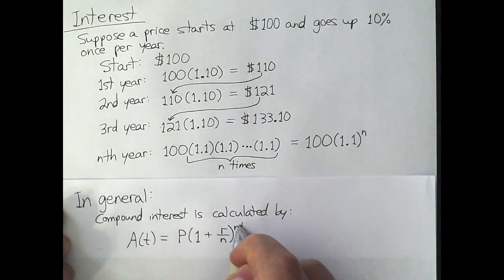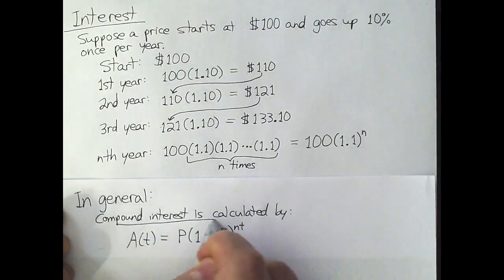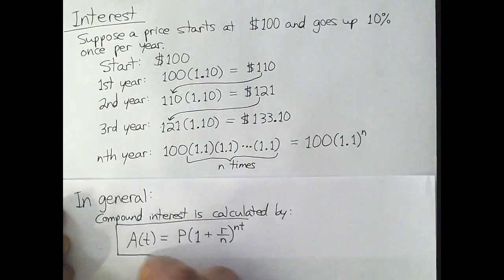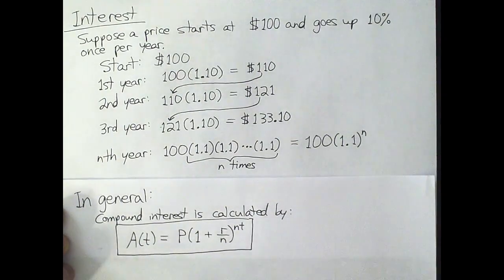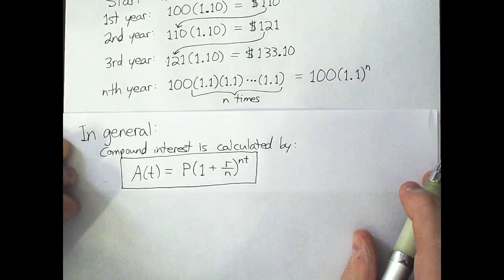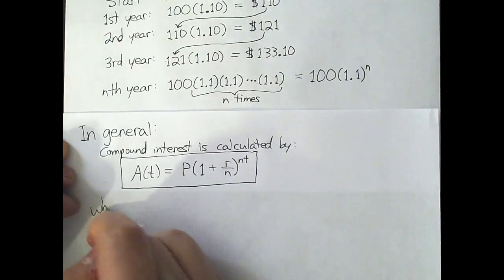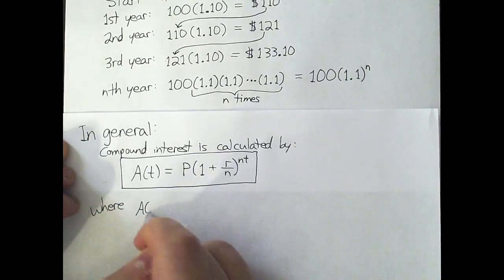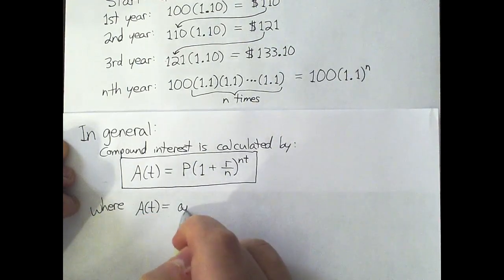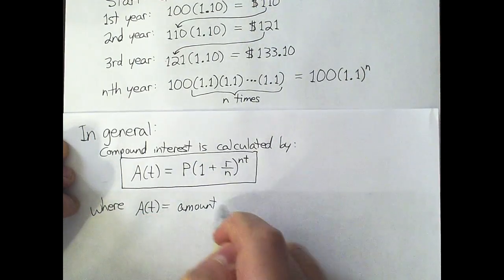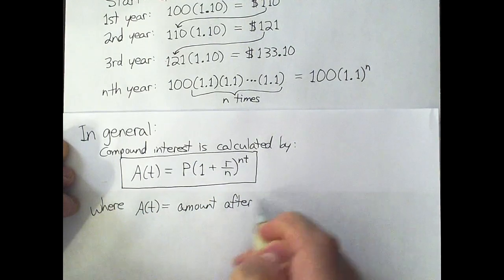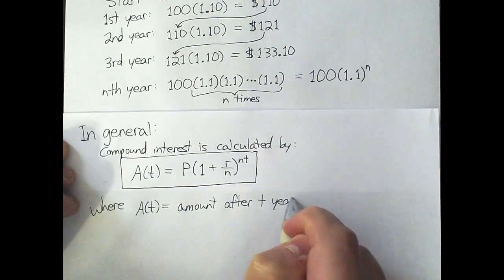I'm going to put a box around that. And let's talk about what these letters mean. So A of t is going to be the amount after t years.